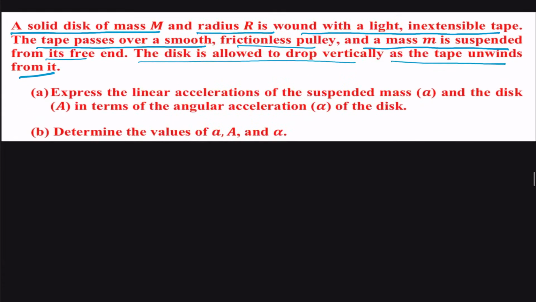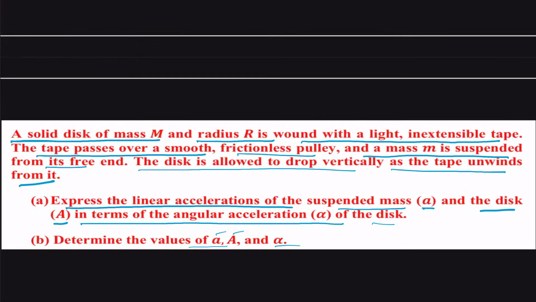So based on this, we have two questions. Part A: express the linear acceleration of the suspended mass, small a, and the disc, capital A, in terms of angular acceleration alpha of the disc. And part B: determine the values of a, capital A, as well as alpha. Sometimes these types of questions are also called a yo-yo.